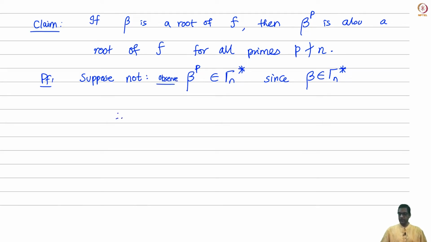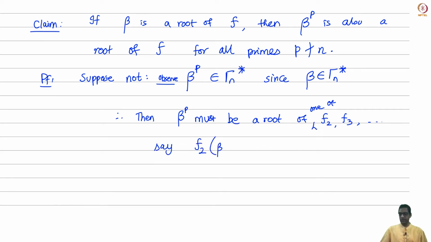Therefore, if beta to the power p is not a root of f, then beta to the power p must be a root of one of the other factors, f2, f3, etc. Okay, so let me say that polynomial is f2.